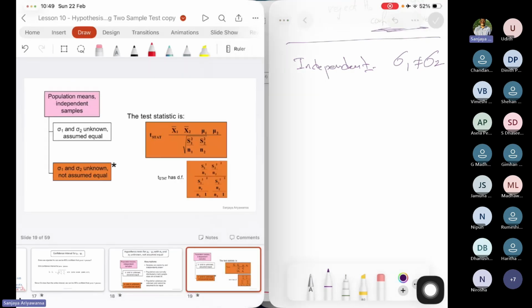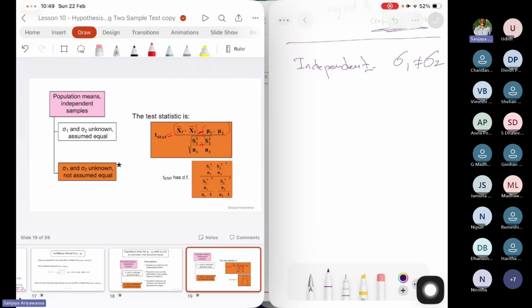How do things change then? If it's not equal, the t-test statistic changes a little bit. The numerator is fine. What changes is the denominator, and significantly how you calculate the degrees of freedom. And that calculation becomes quite complicated, right? So I'm just noting it down here.